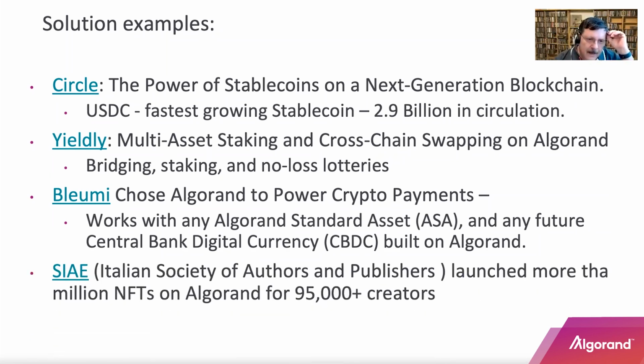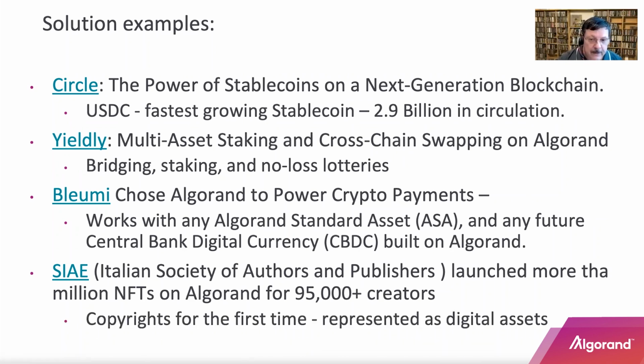And then you get to SIAE, the Italian Society for Authors and Publishers. They've launched more than 4 million NFTs on Algorand. This is a great idea in the way of copyrights. So copyrights are very, very big. And this is really an industry changer.